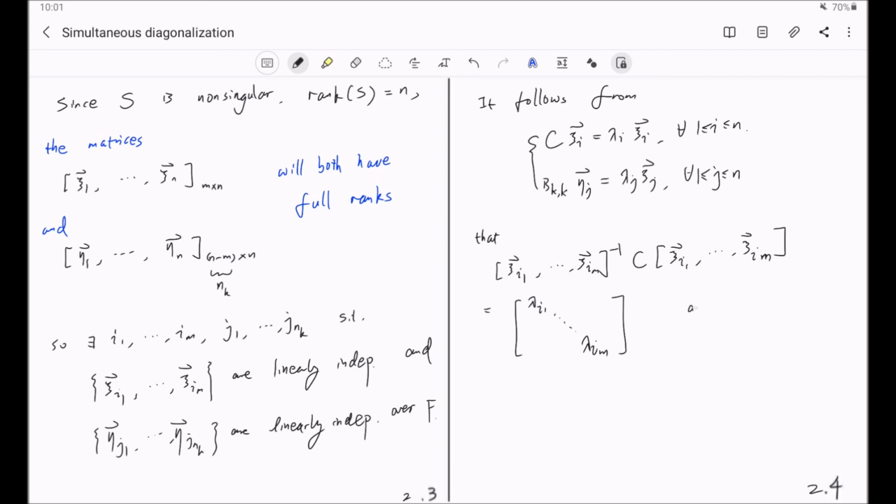And similarly, this conjugation of B sub kk by this matrix formed by linearly independent vectors in here is also a diagonal matrix, lambda sub j1 through lambda sub j sub nk.